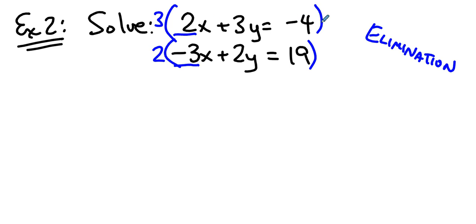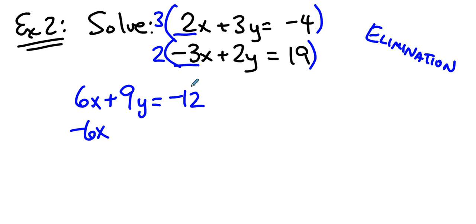So this first equation becomes 6x plus 3 times 3y equals 3 times negative 4. This equation is exactly the same as the first one. There's just a constant multiple on both sides, no problem. And then down here, 2 times negative 3x, 2 times positive 2y, 2 times 19.